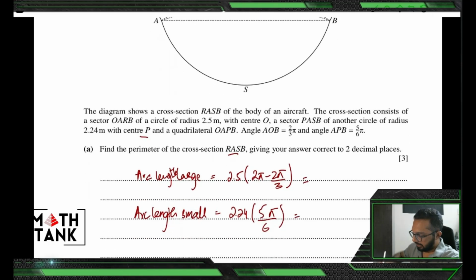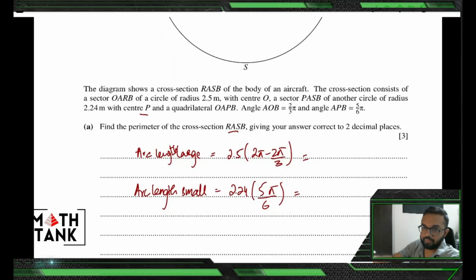Since these have to be correct to 2 decimal places, I can give you the final answer correct to 2 decimal places. Let's quickly try to do this. 2 pi minus 2 pi over 3 into 2.5. Let's just write this as 10 pi over 3. When I write my final answer, I'm going to put in 2 decimal places.